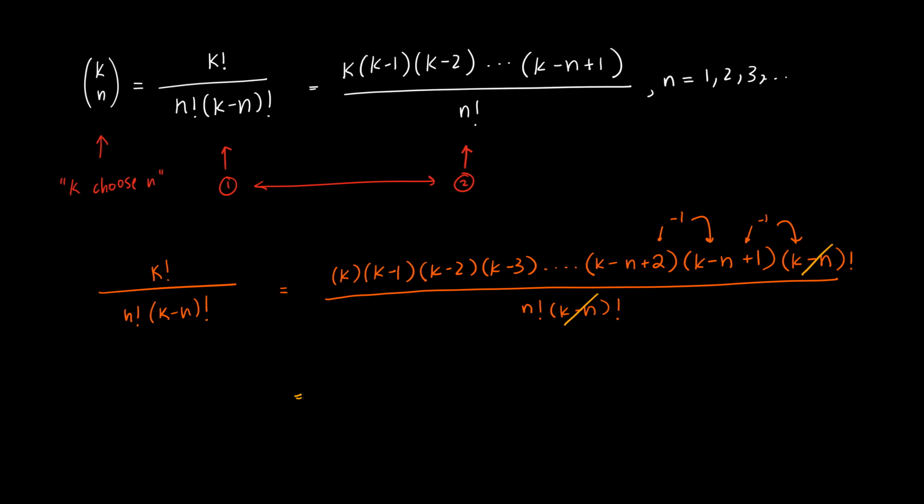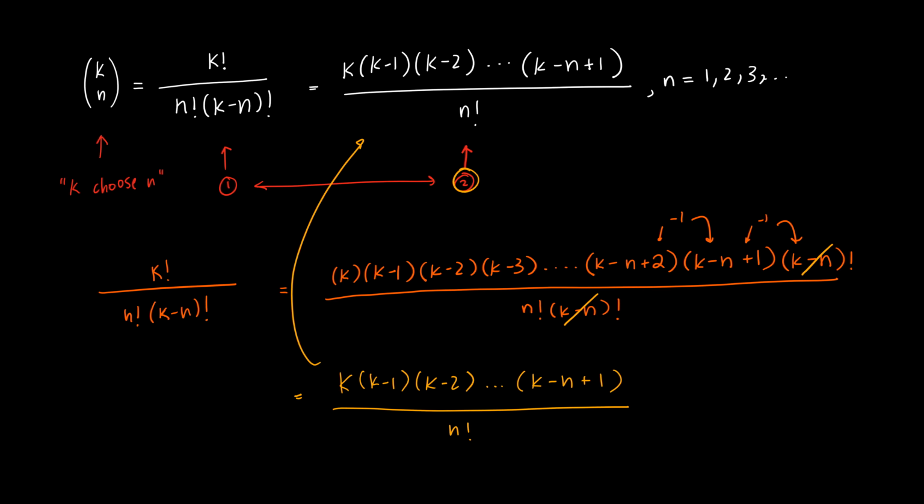What we're left with is the expression you have here, which is k times k minus 1, k minus 2, dot, dot, dot, all the way until k minus n plus 1, which just collapsed back into the dot, dot, dot there, divided by n factorial. So that's the expanded expression that you see right here.